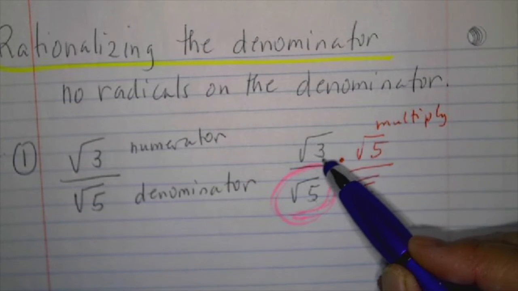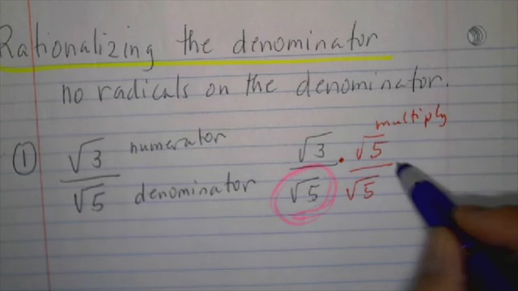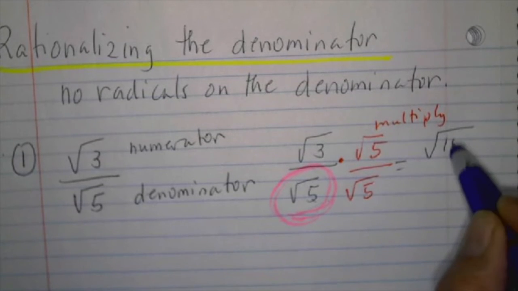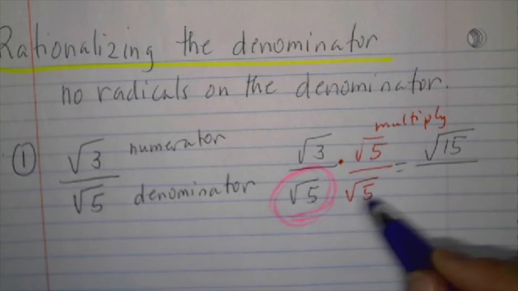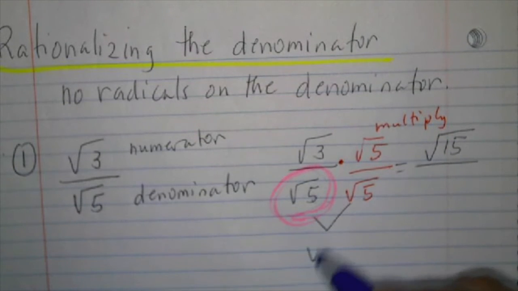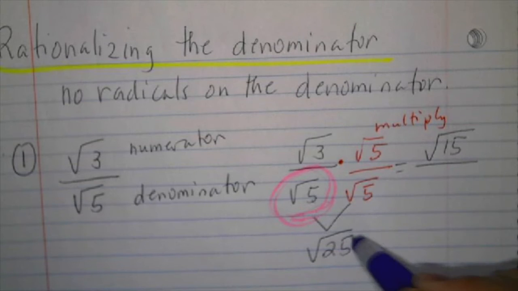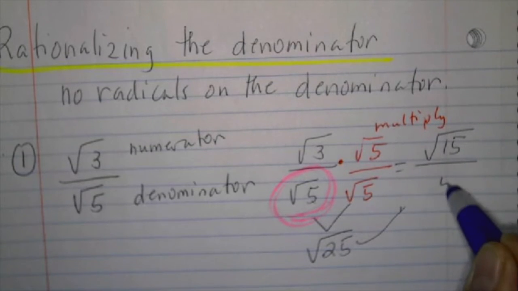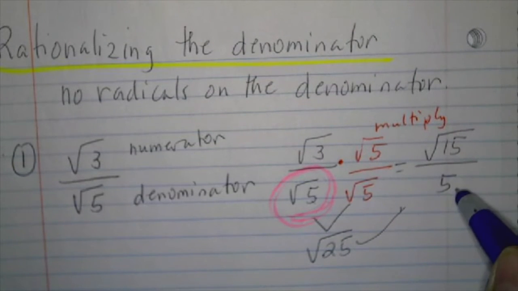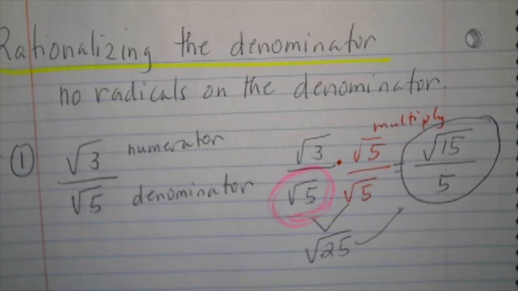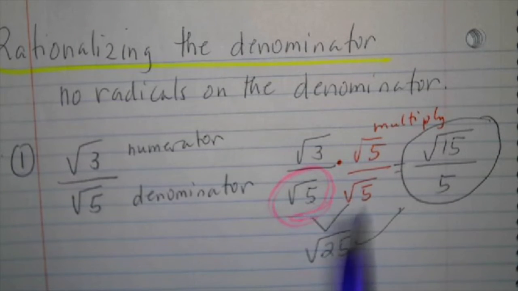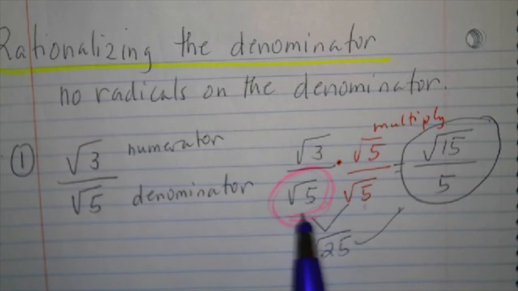And then, just like what we did earlier, multiply numerator, multiply denominator. Square root of 3 times square root of 5 will give you square root of 15 over square root of 5 times square root of 5, which will give you square root of 25, which is simply 5. No more radical on the denominator.